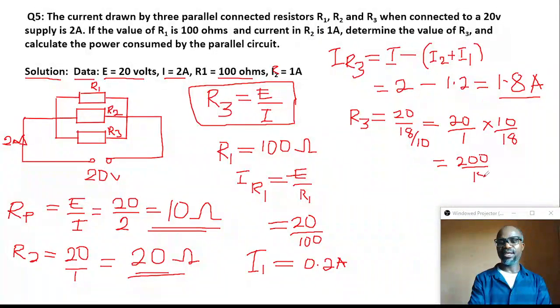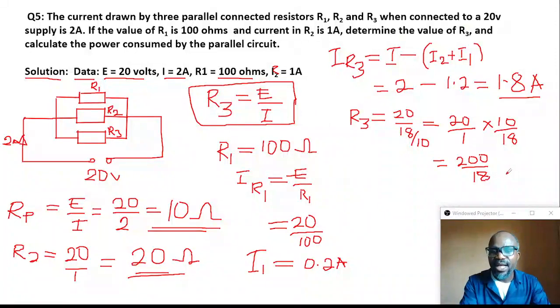So we have 18. With this, we can now say if 2 divides 200, we get 100. Then 2 divides 18, we have 9.